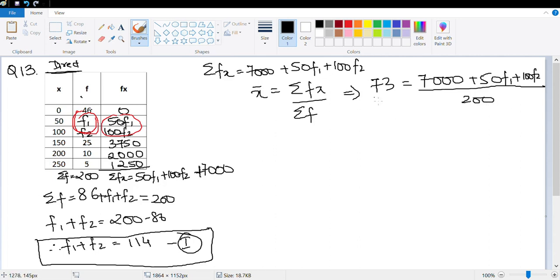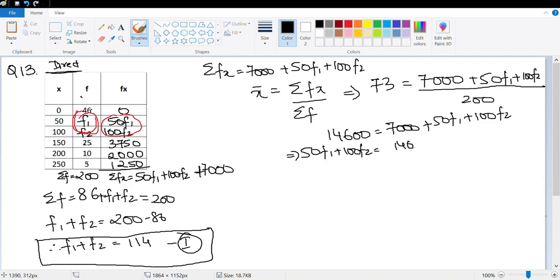Let's multiply 73 into 2, that's 146. So 14,600 is equal to 7,000 plus 50 f1 plus 100 f2, which means 50 f1 plus 100 f2 is equal to 14,600 minus 7,000, which is equal to 7,600. Anything common between 50, 100 and 600?